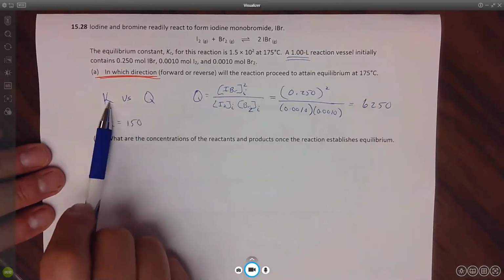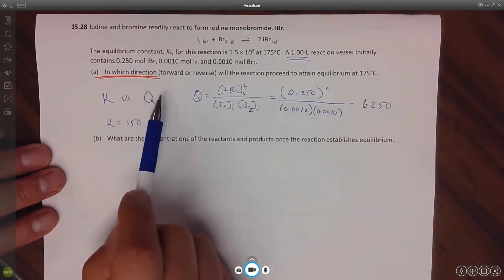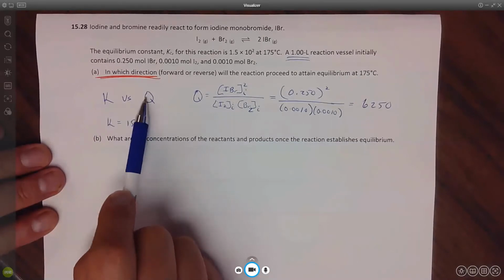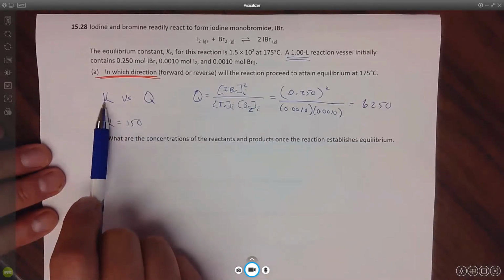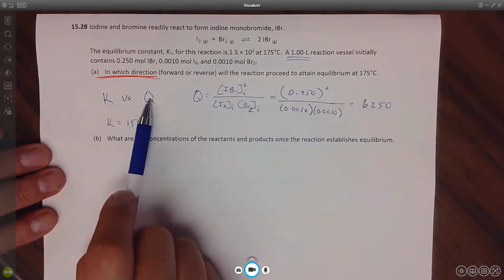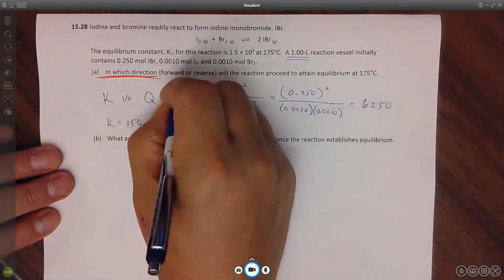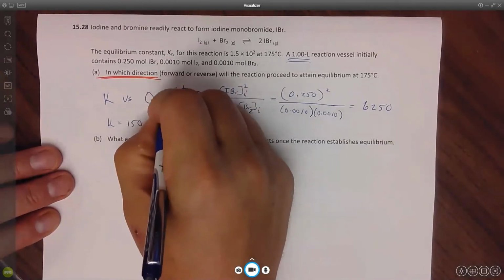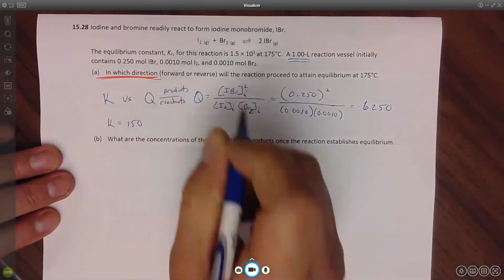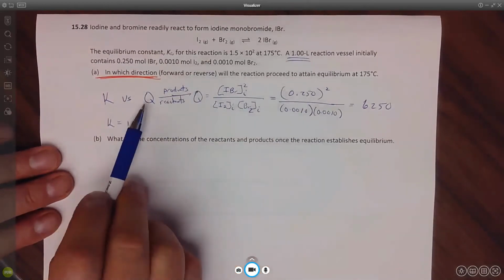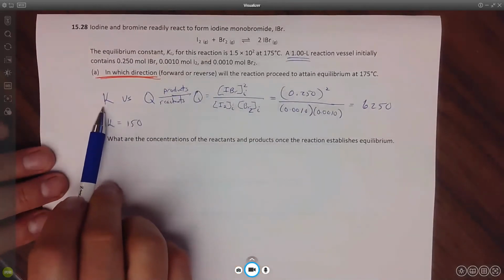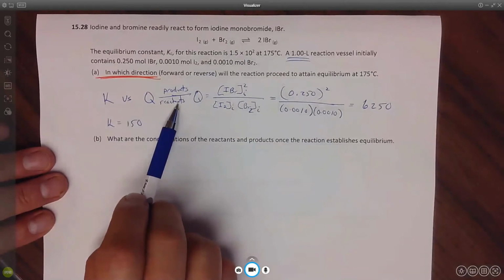Equilibrium. Now, if I have, again, this is still products over reactants. So if this is bigger than this, do I have too many or too few products? Remember, it's products on top. It's products over reactants. So if Q is bigger than K, do I have too many or too few reactants?